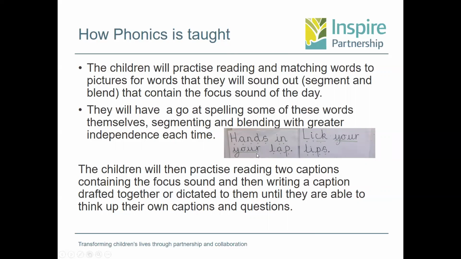As you blend each word, blend it together with the word that it comes with, so that the children actually learn that you don't just read saying that. That's not really a sentence. You must blend that sentence after you've sounded it out, so it actually reads as a sentence in total. So it's hands in your lap after you've segmented and blended it.